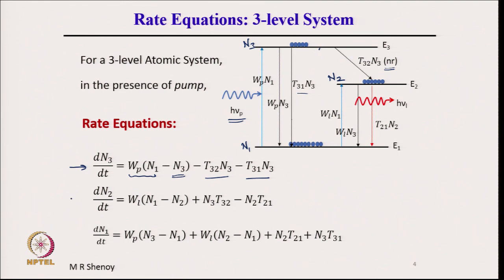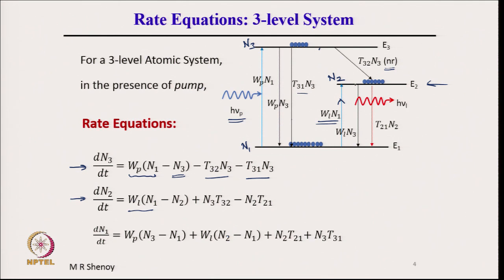Now, let us look at dN2 by dt, that is the rate of change of N2 at level 2. At level 2 you can see there is a transition coming from level 3, and from level 2 there is stimulated emission, spontaneous emission, and then absorption, and therefore we have 4 transitions here as well, and 4 terms as before. WL into N1, that is this one, the absorption going up here, will increase N2, therefore it is positive.